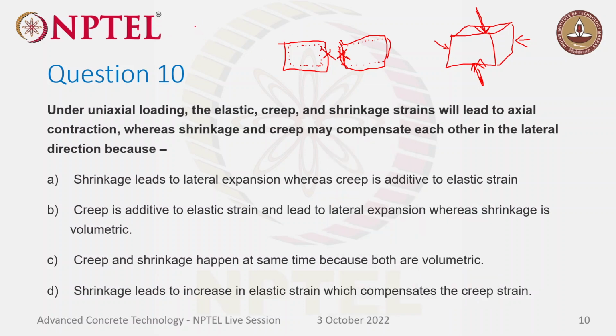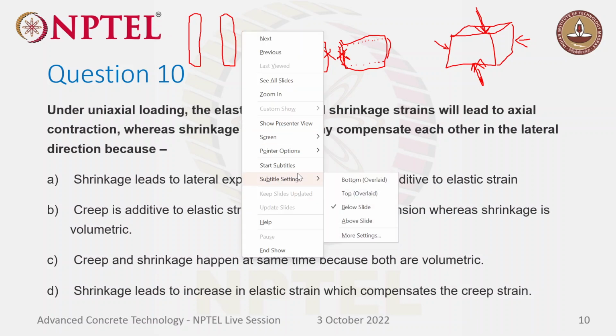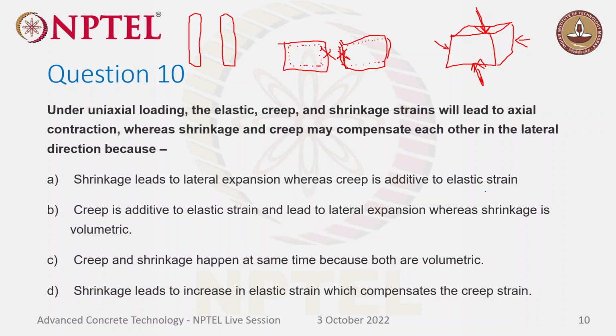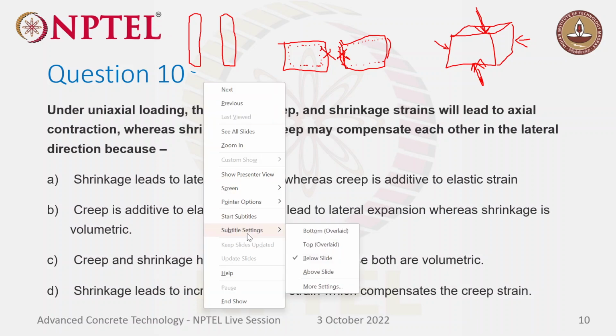Okay, let's draw it a little bit larger. Assume it to be a column, the same column. Let me change the pen color. Let me take blue. So assume that this is an actual column. Let's try to assume what is the effect of shrinkage and then creep separately.